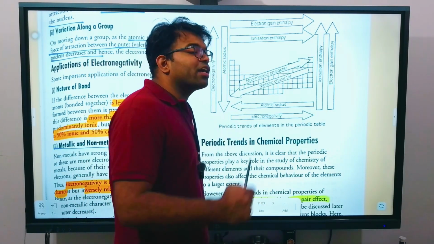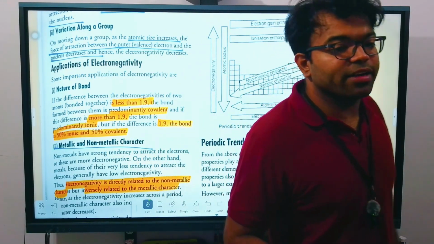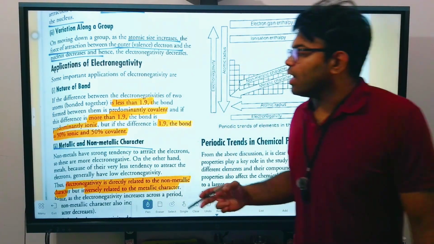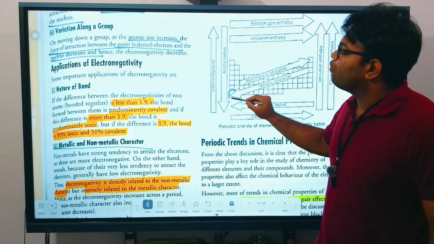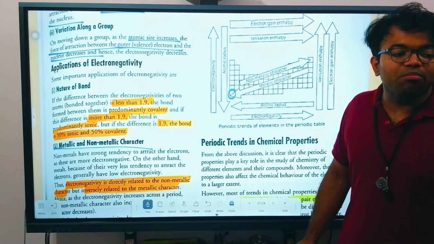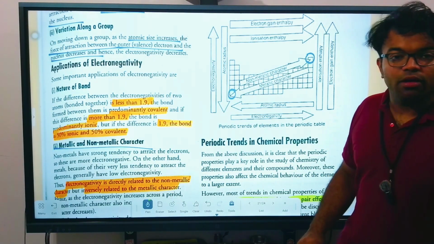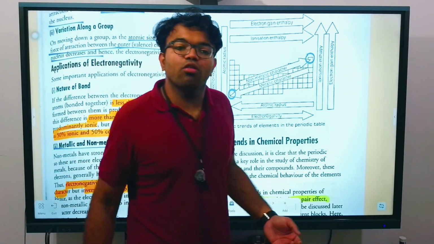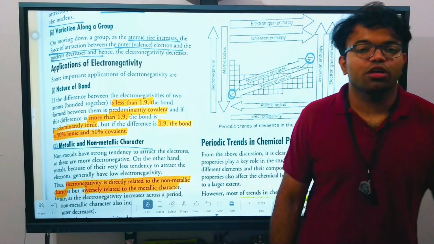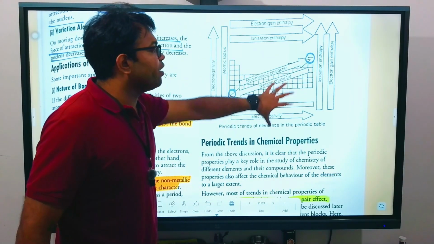So the most electropositive element, the most metallic character will be shown by francium: lithium, sodium, potassium, rubidium, cesium, francium. And the most non-metallic character would be shown by fluorine. The most electronegative and the most electropositive, the most non-metallic and the most metallic character are shown like this. Is there any doubt in this periodic table?